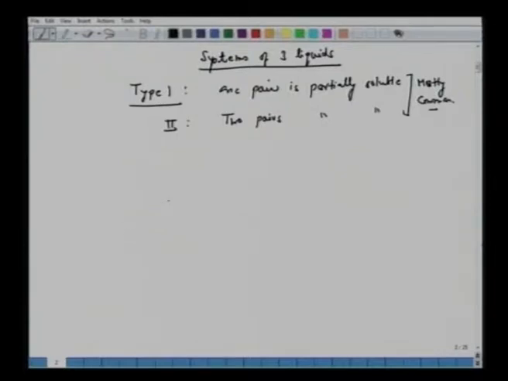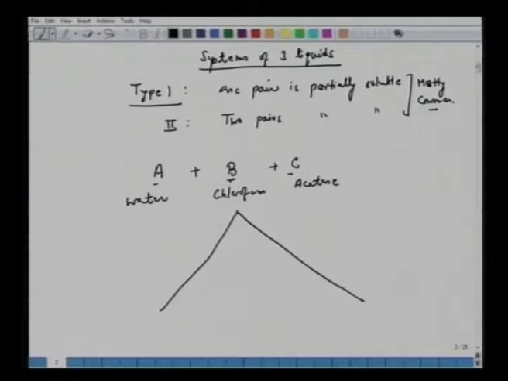So again, let's try to understand that we have 3 components or 3 liquids, A plus B plus C. Let's say we have water, chloroform, and acetone. When we say that A and B are partially miscible, or B and C are partially miscible, or A and C are completely miscible, then we should be able to plot accordingly on this equilateral graph, consistent with our earlier understanding of how to mark the coordinates on this plot.